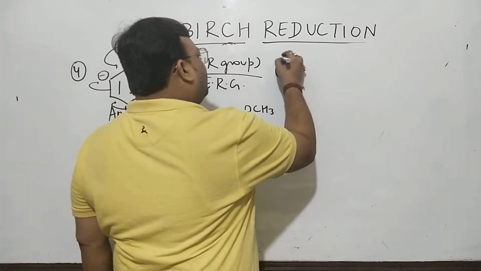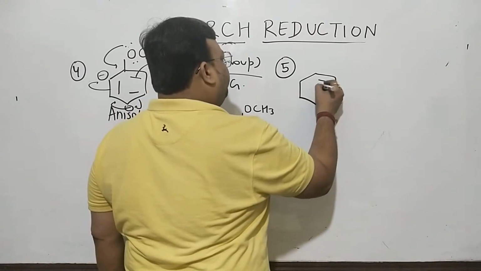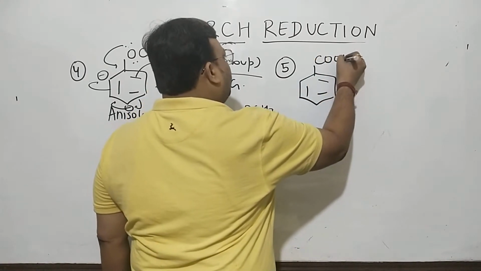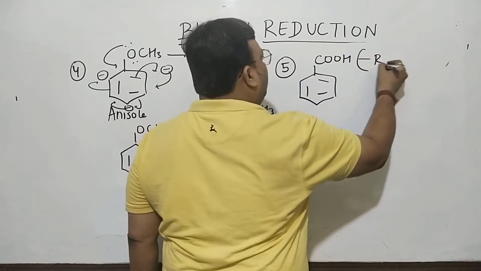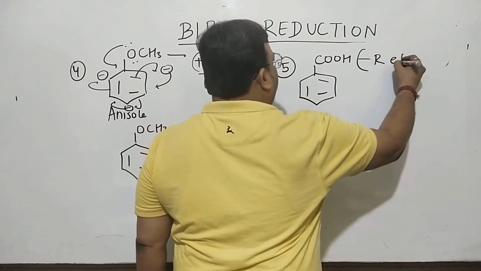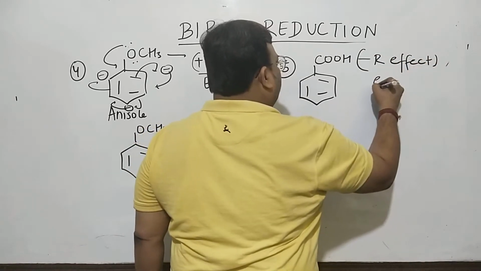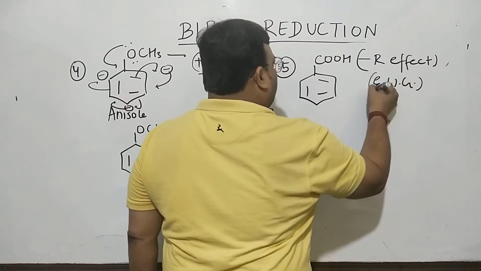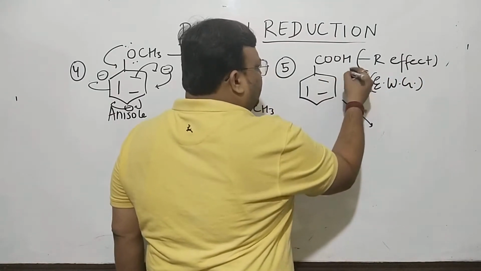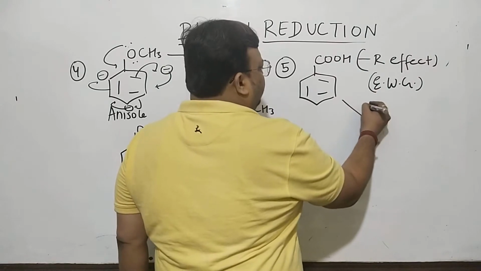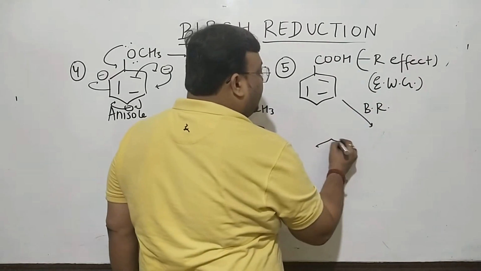Example 5, by the way, is benzoic acid, where you again know COOH has a prominent minus R effect. It's a minus R group, it's an electron withdrawing group. And before everything, I'll tell you that when this minus R group is subjected to Birch reduction, again there are two possibilities.